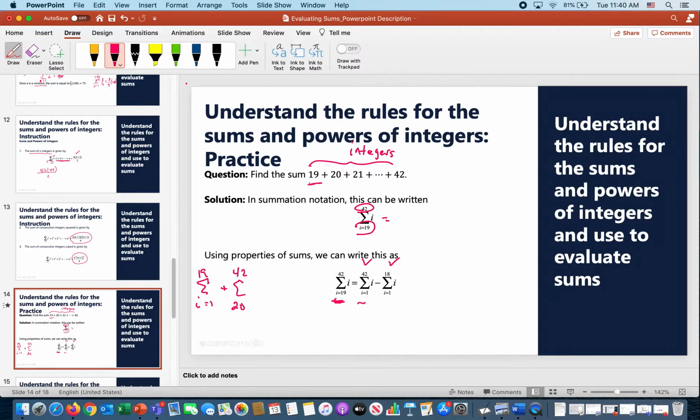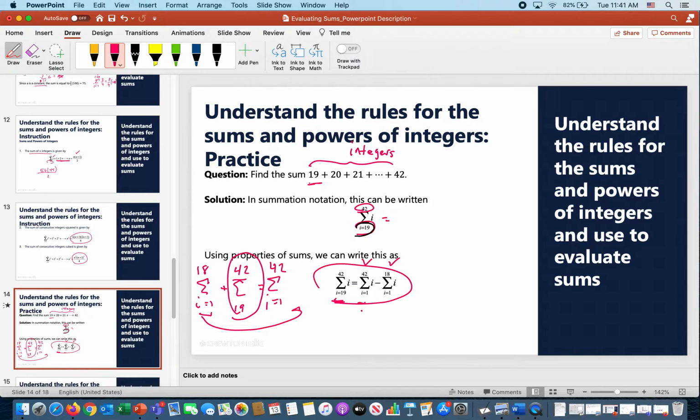Or maybe better yet, in terms of what we have here, because we've got the sum from 19 to 42, we could say from 1 to 18 plus 19 to 42. If I write those two sums, I know it's going to equal the sum from 1 to 42. So we do a little algebra here and isolate this thing by subtracting that from both sides.